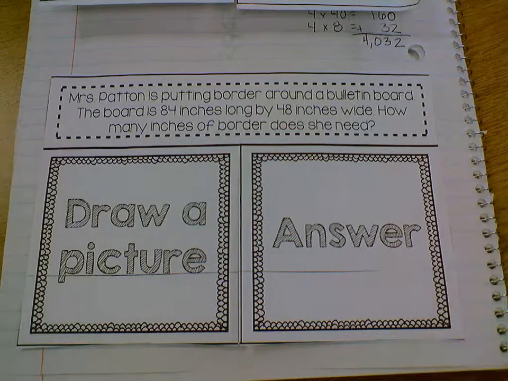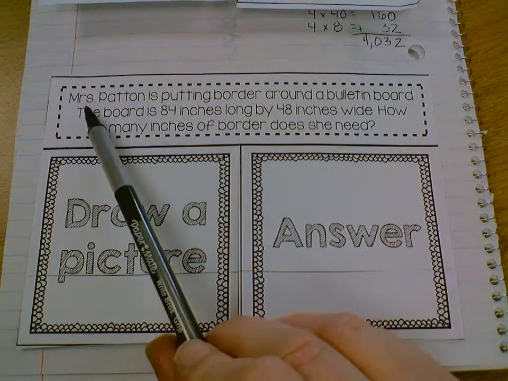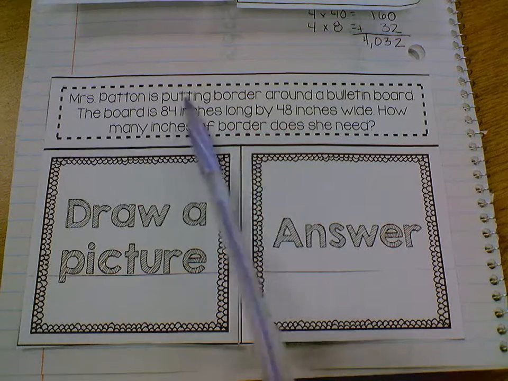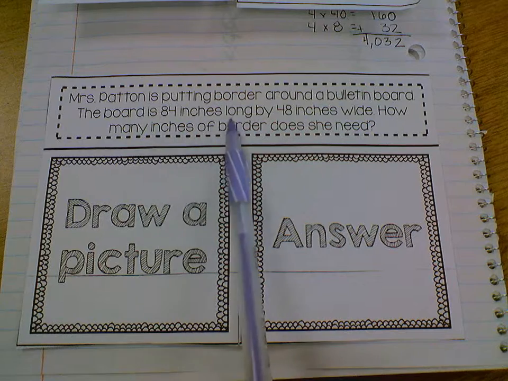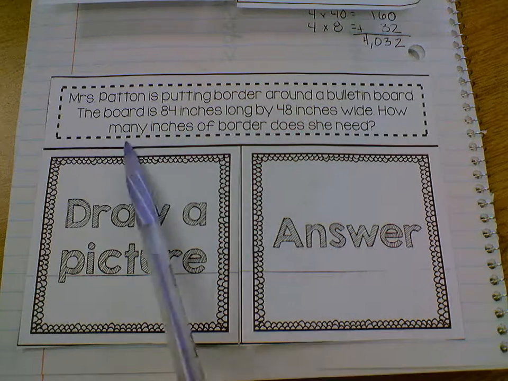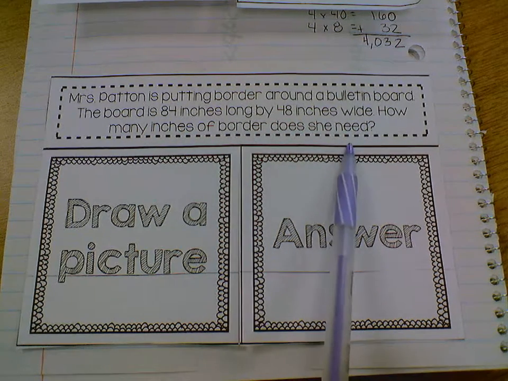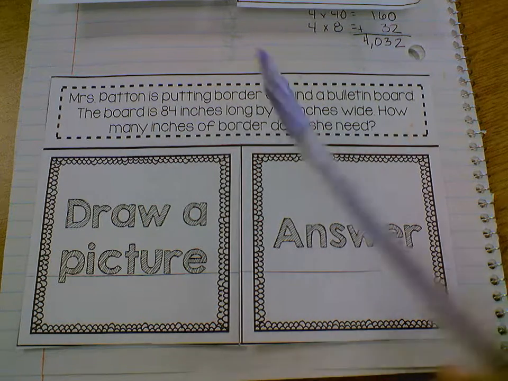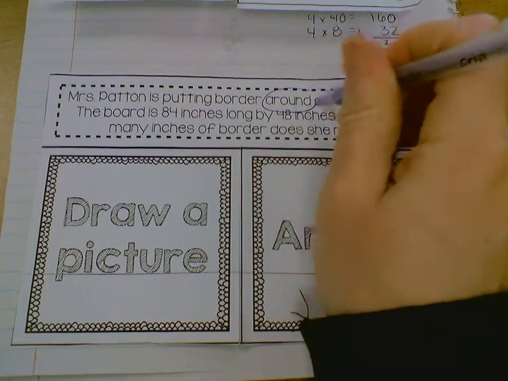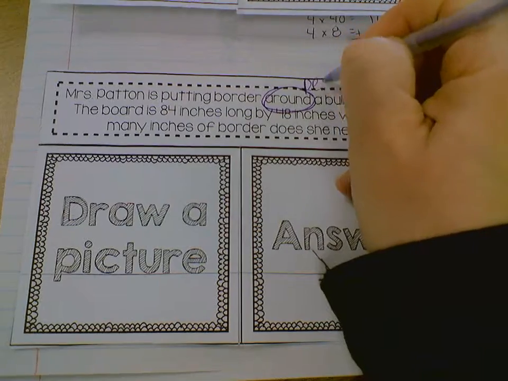Okay? So, all right, read along with me as I read this word problem. Mrs. Patton is putting border around a bulletin board. The border is 84 inches long by 48 inches wide. How many inches of border does she need? All right, key word first and foremost that is in the first sentence is the word around. We know that around tells us we're doing perimeter.